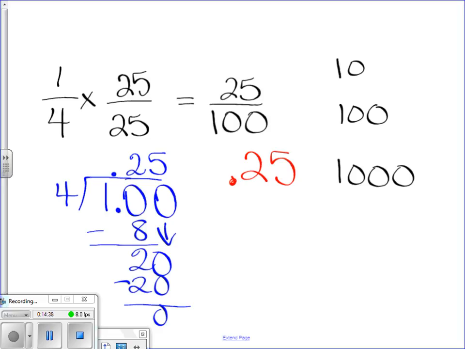It wouldn't be 2 tenths with a remainder of 2; you would just add another 0 and bring it down. It's whichever one you prefer. They both work. You still get the same answer, but you have to be able to divide correctly. 4 goes into 10 two times. 2 times 4 is 8.